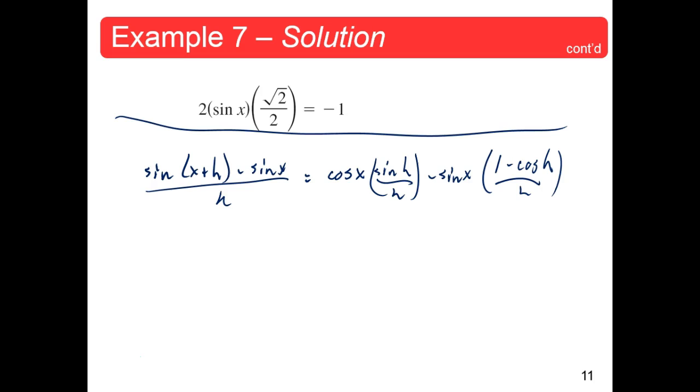Even though the right-hand side looks pretty nasty, let's deal with the left-hand side. Usually you start with the most complicated side and work the other way. This one, we have a trig identity we can use for this right here. What is that?